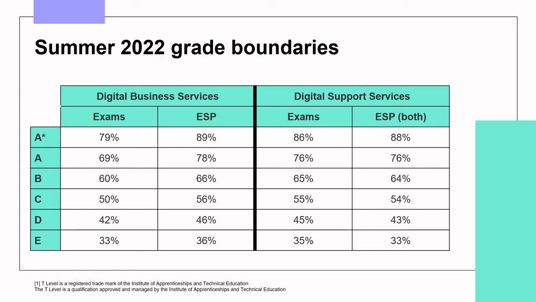For easiness, I just converted the raw mark required in the assessment into a rounded percentage. So looking at digital business services, we can see that 33% was needed to be answered correctly in order to obtain an E grade in the exams, with 36% needed for the employer set project.